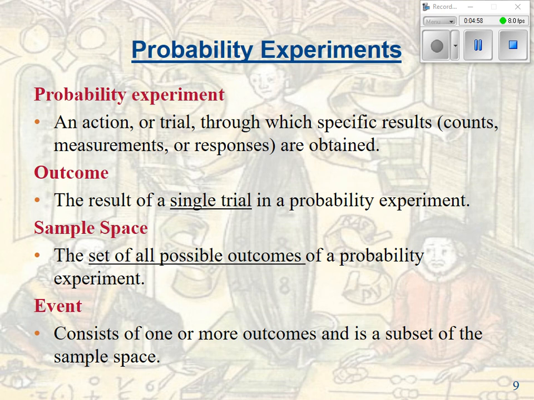Probability experiment. We used to do stuff when I was younger and not so old and crotchety. But we'd get out like a penny, and I'd have you sit there, you and a partner, and flip a penny like 100 times and see what you came up with.